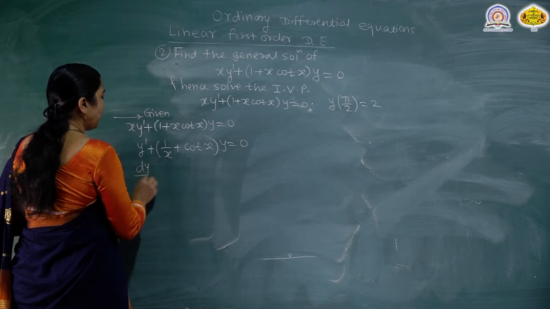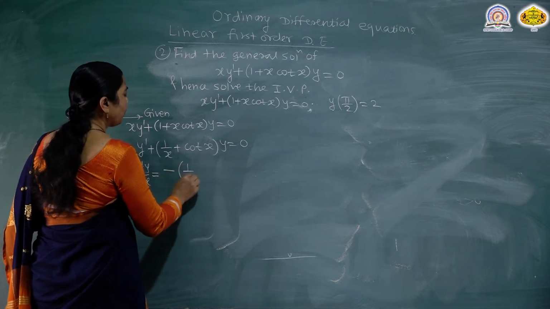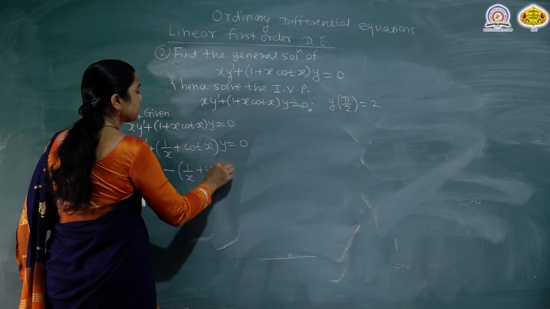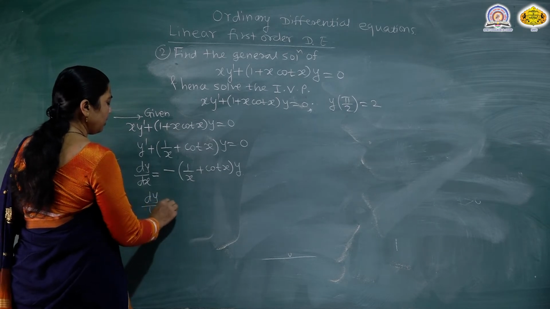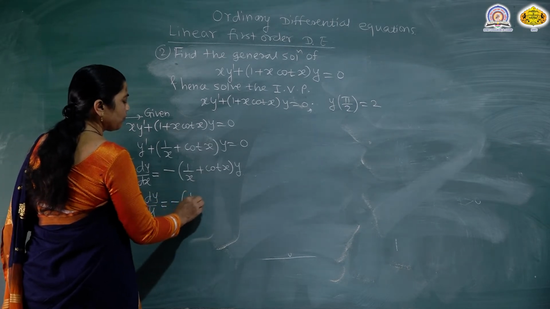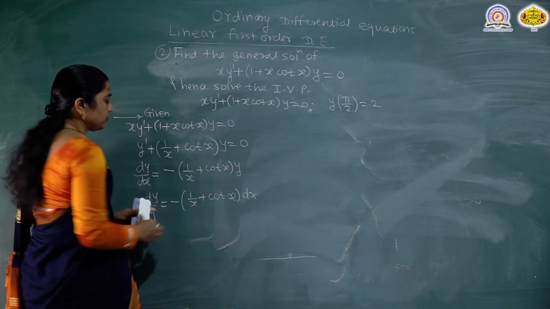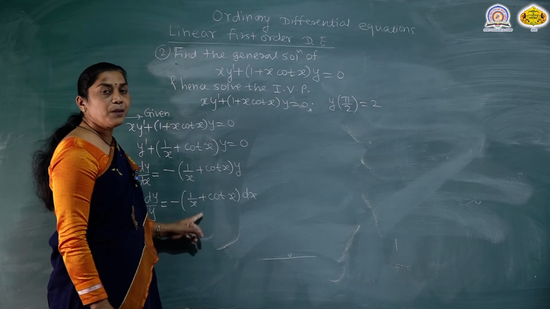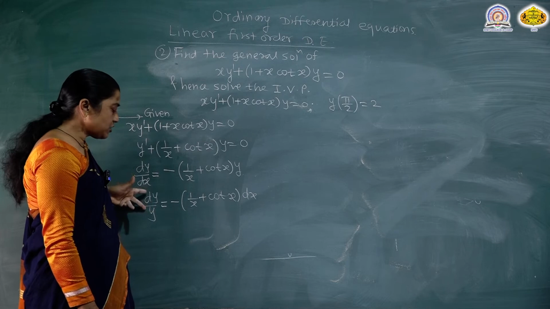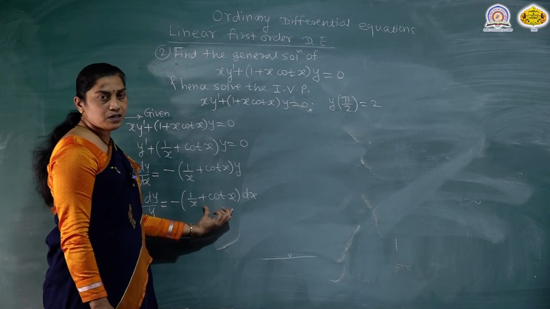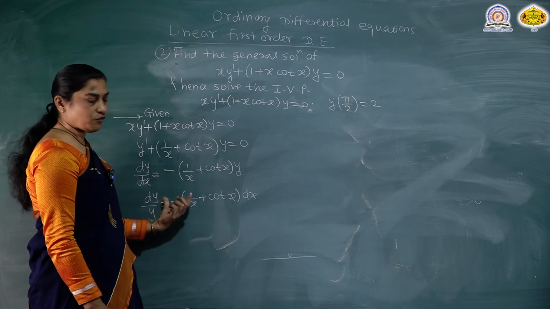That is dy by dx is equal to minus 1 upon x plus cot x y, or dy upon y is equal to minus 1 upon x plus cot x dx. Now see, this is variable separable form because y terms are on the LHS on one side and x terms are together on another side.